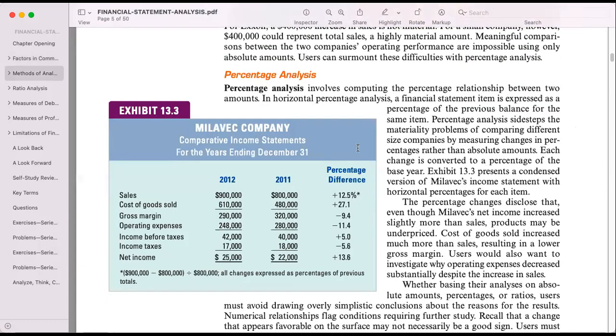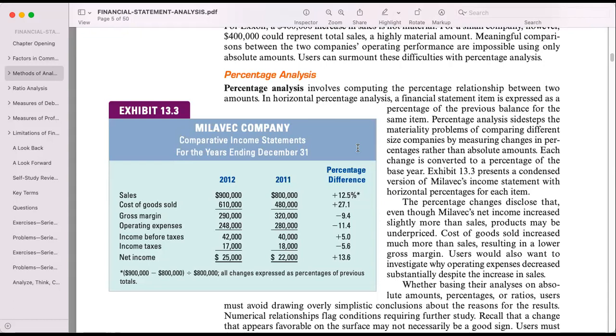Here, Exhibit 13.3, we have the comparative income statement of Melvick Company, and this kind of interpretation is a horizontal analysis. Look at 2011 and 2012; it shows the difference through percentage. It's a percentage analysis. From 2011 to 2012, there's a 12.5% positive change in sales.